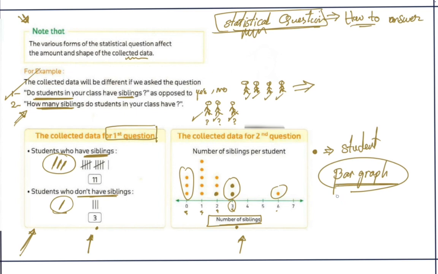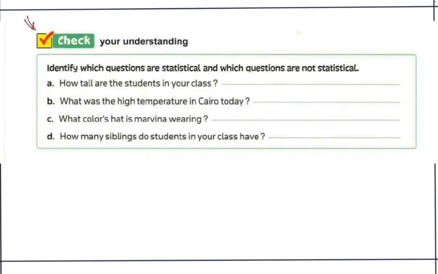Go to next. Check our understanding. We have questions. Identify which questions are statistical and not statistical. How tall are the students in your class? Are all students the same height? Of course not.